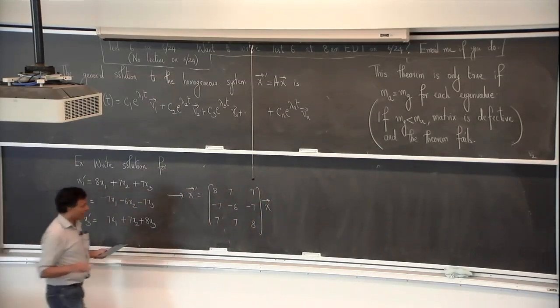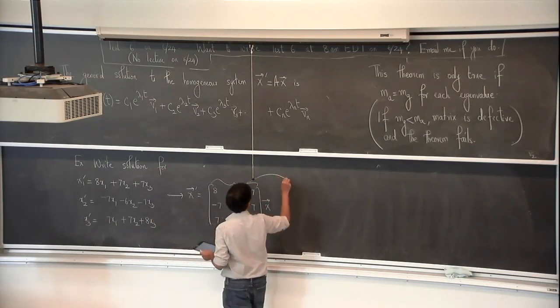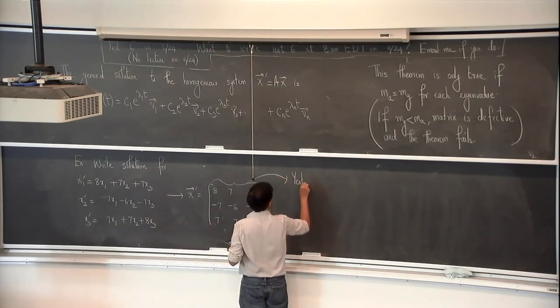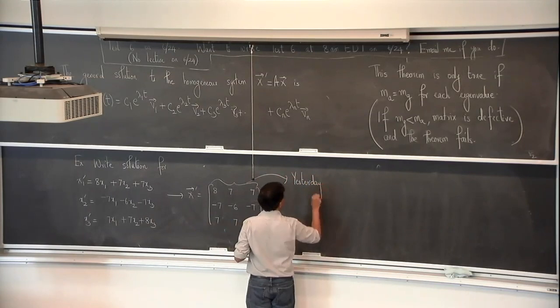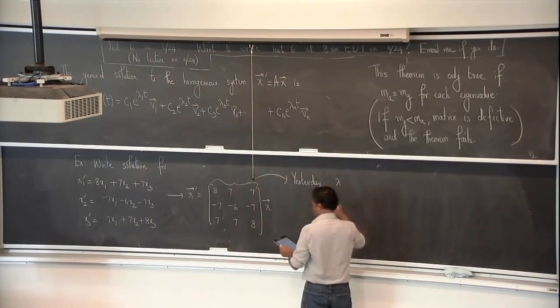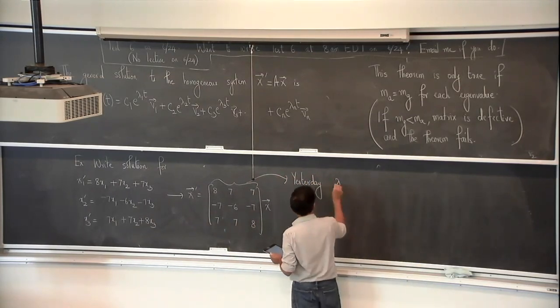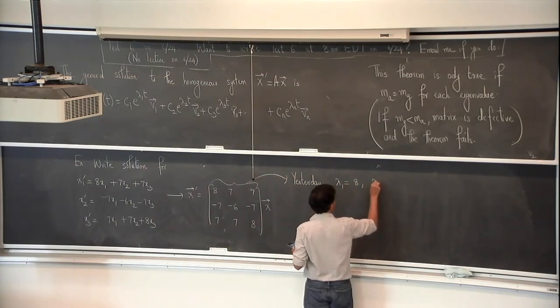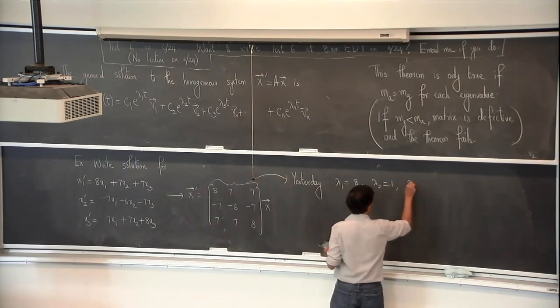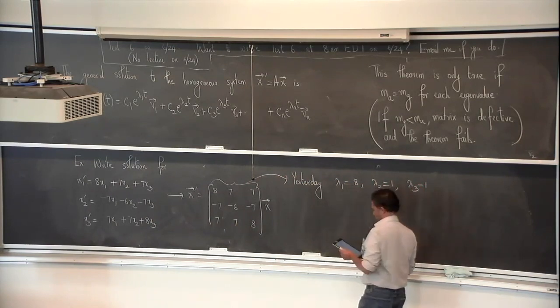All right, so yesterday we found the eigenvalues to be, I forgot which ones I wrote first, but that doesn't matter. Lambda 1 equal to 8, lambda 2 equal to 1, lambda 3 equal to 1.